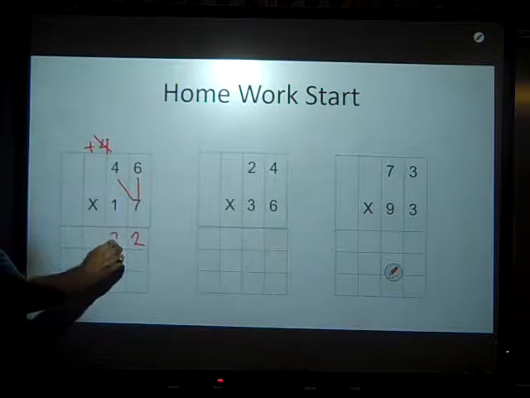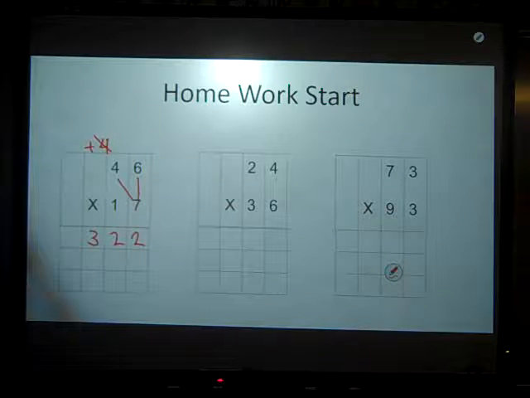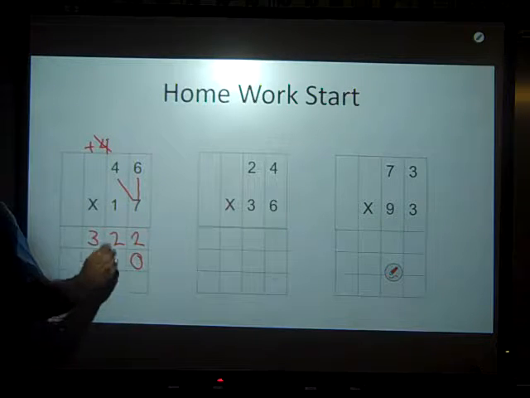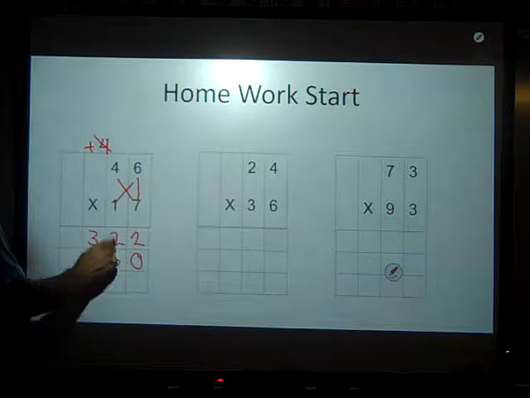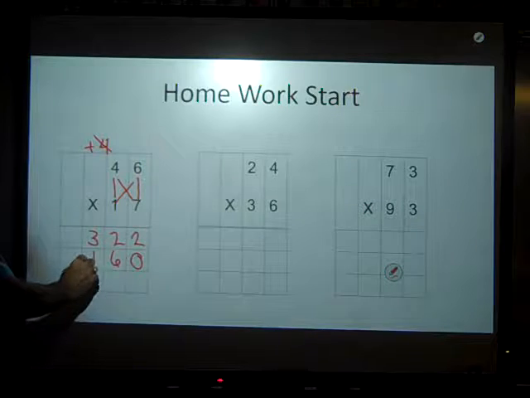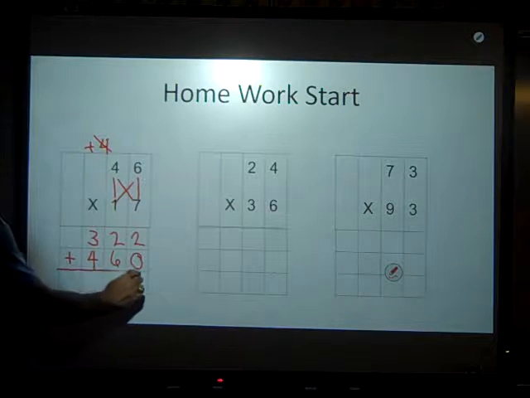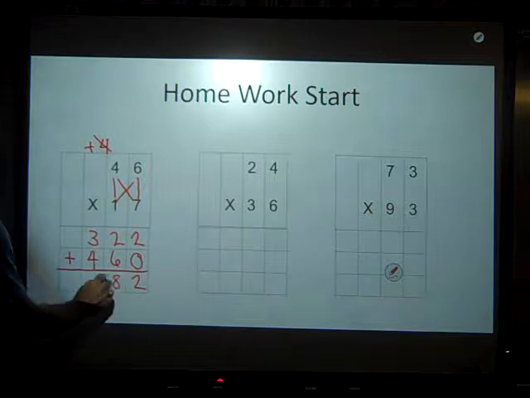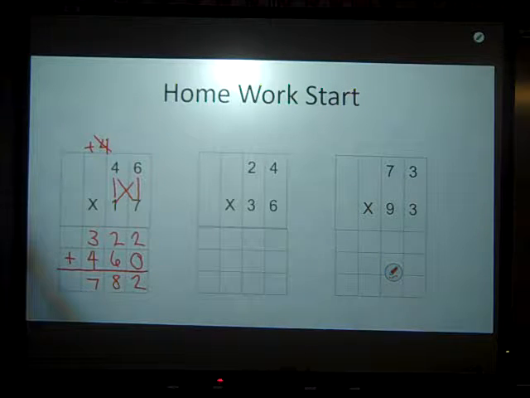Cross it off. 32. Multiplying by 10, so 0 on the end. 1 times 6. 1 times 4. I add them up. I get 2, 8, 7. 782. Okay?